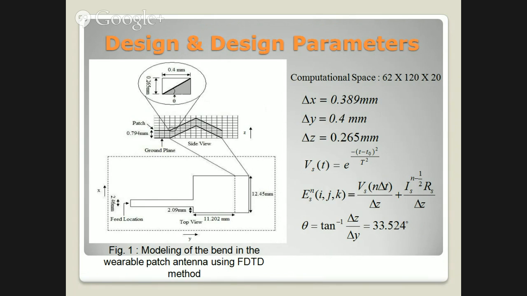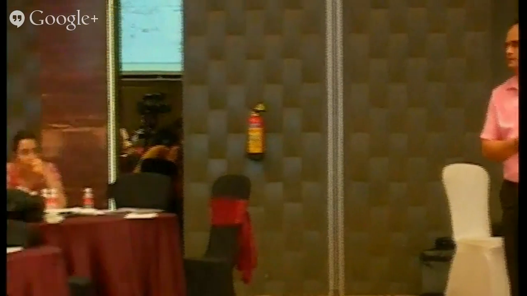Which algorithm did you use? Sir, the FDTD method. Because when there is a metal, the tangential component of the electric field should be 0. That is how we model it.